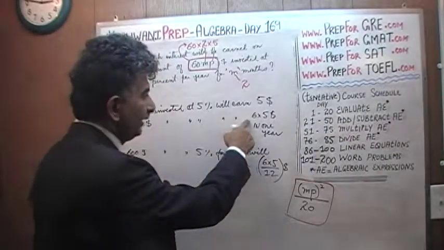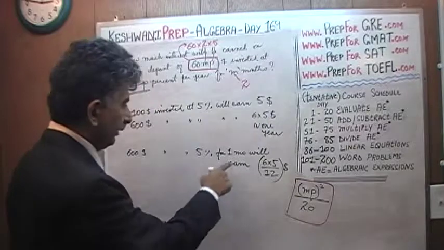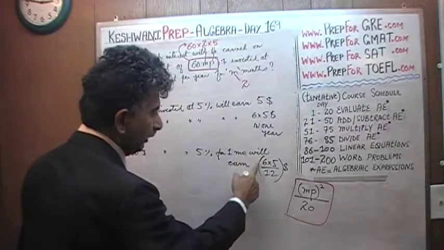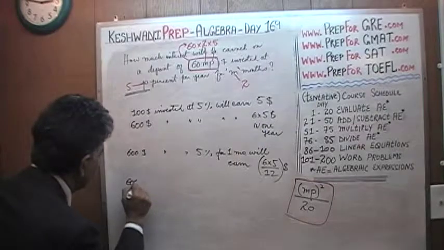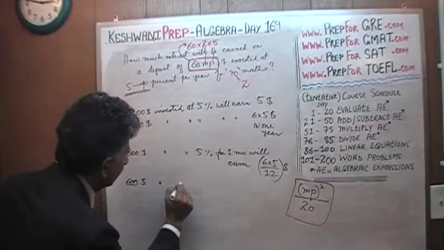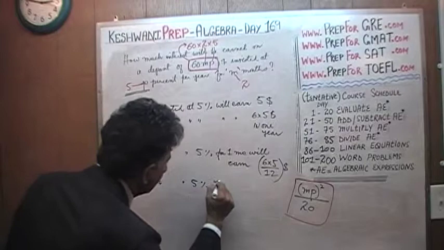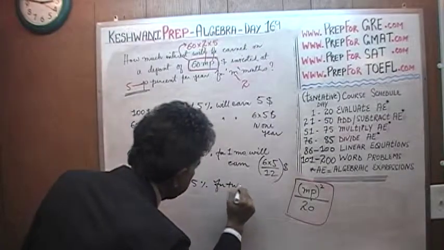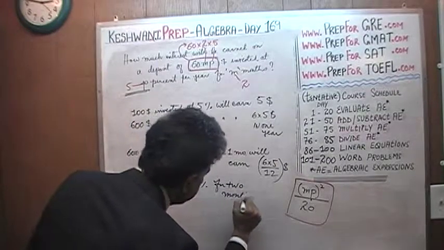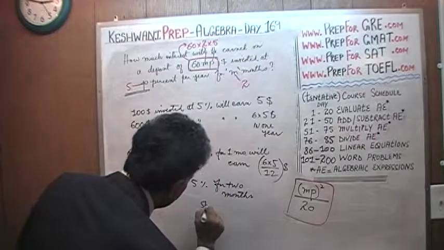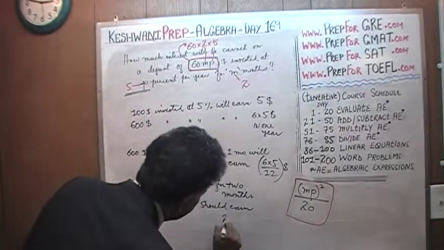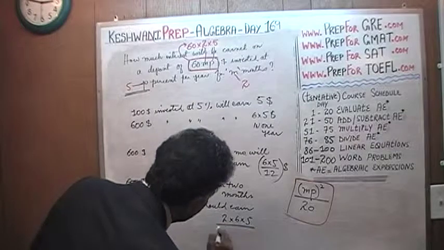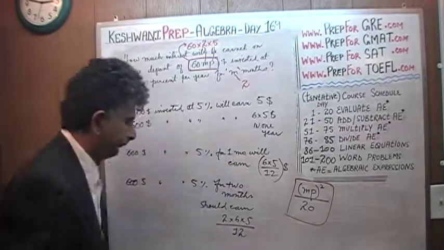This is what it earns in 1 year. So in 1 month, it will earn 1/12 of that. We are investing for 2 months. So $600 invested at 5% for 2 months should earn 2 times that amount. 2 times 6 times 5 over 12.